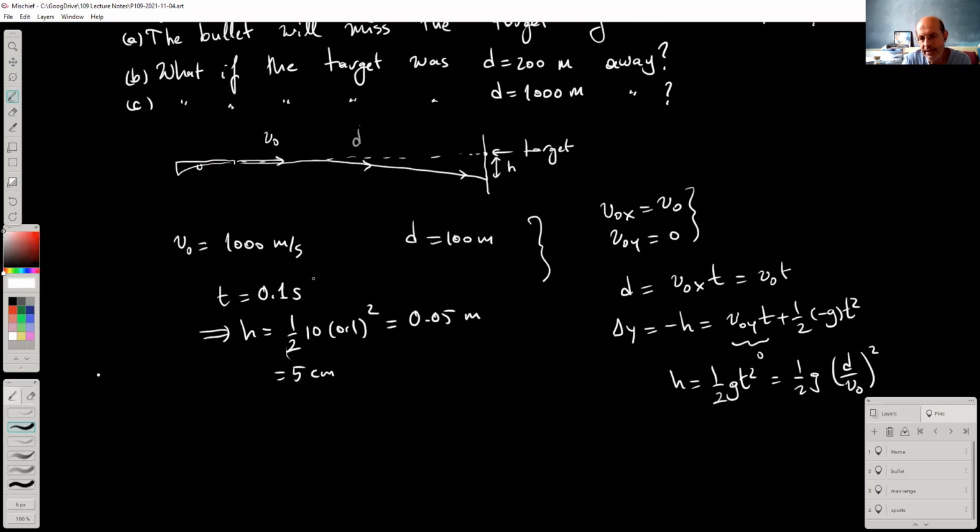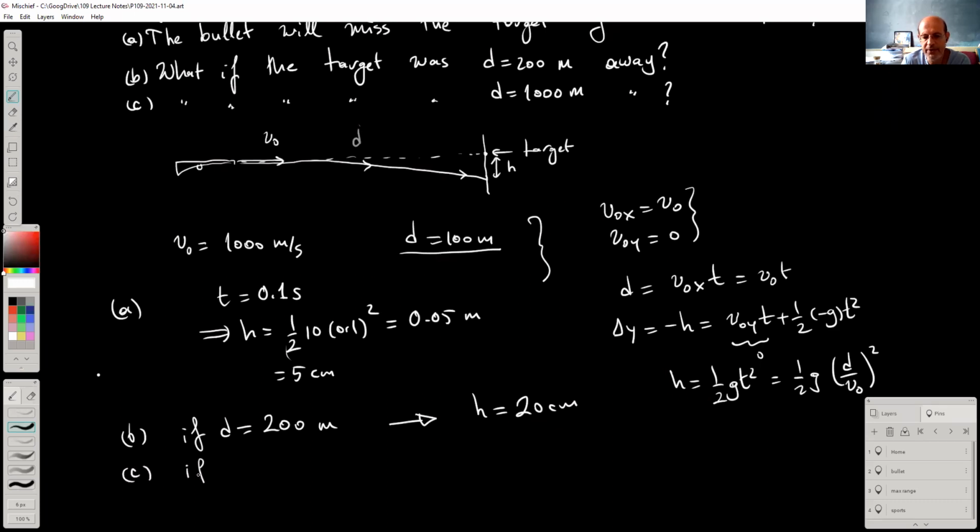In any case, because of that quadratic dependence, that's part A. If the distance is not 100 meters, but 200 meters, in that case, the bullet misses by 20 centimeters.